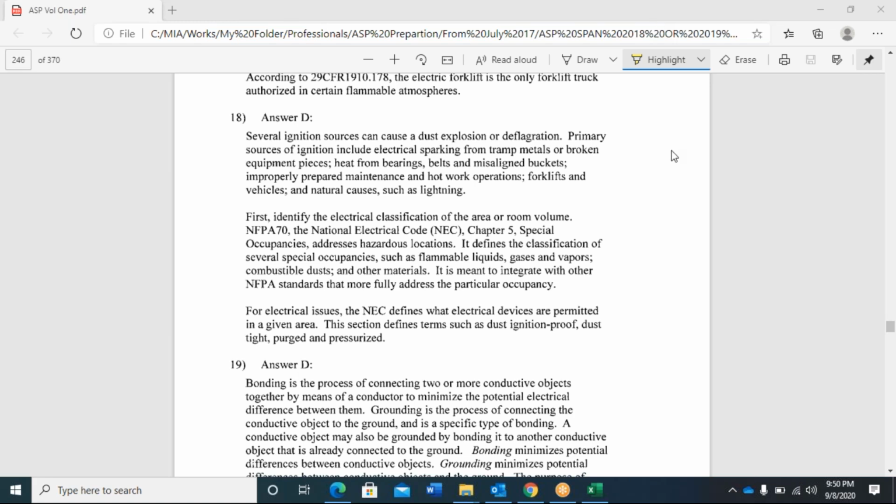Now, if you want to consider the factors for the ignition source, or factors for anything, you need to consider some things: material, environment, equipment, and place.